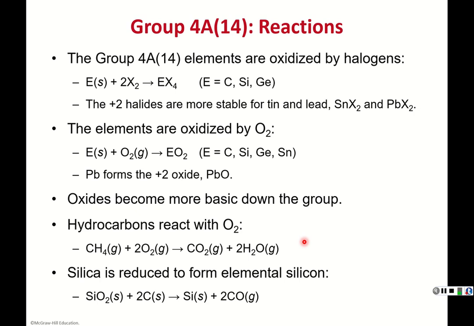We're, in a sense, combusting them in our cells to get energy. Right, and silica is reduced to form elemental silicon. So you can reduce silica, which is silicon oxide, with carbon to form elemental silicon.